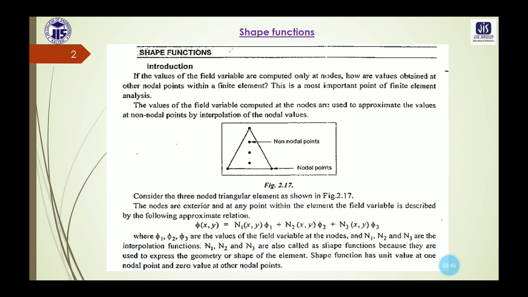These interpolation functions N1, N2 and N3 are called shape functions because they are used to express the geometry or the shape of the element.